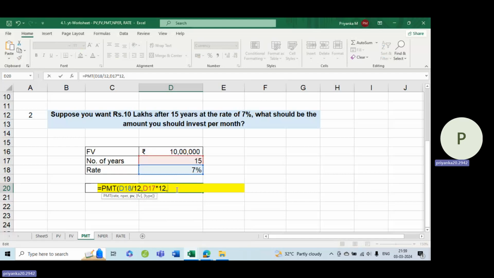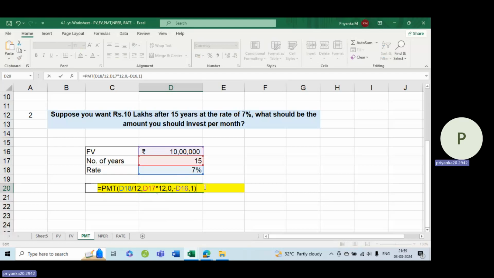So my present value will be 0, comma, my future value, comma. At the beginning of the period, I have to invest it. So that is going to be my concept here. So again here, I'll be introducing a minus sign in the future value.